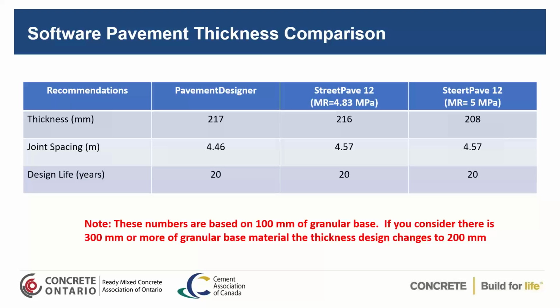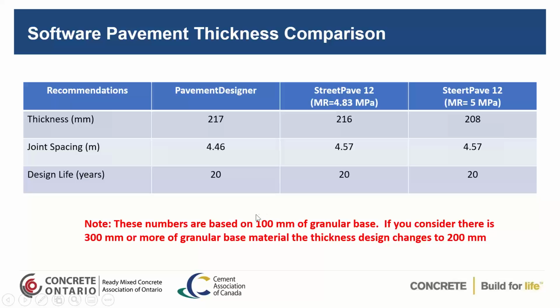So what I did is I then took the StreetPave software and I did the analysis at 4.83 and I did the analysis at 5 MPa. You'll see that by increasing your strength from 4.83 to 5 MPa, your thickness is 208. Look how close the PavementDesigner.org and the StreetPave values are, very close. And interestingly, there was a little bit of difference in the joint spacing recommended in the analysis.